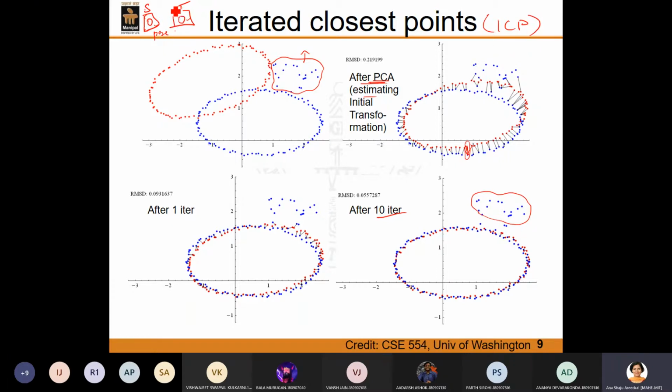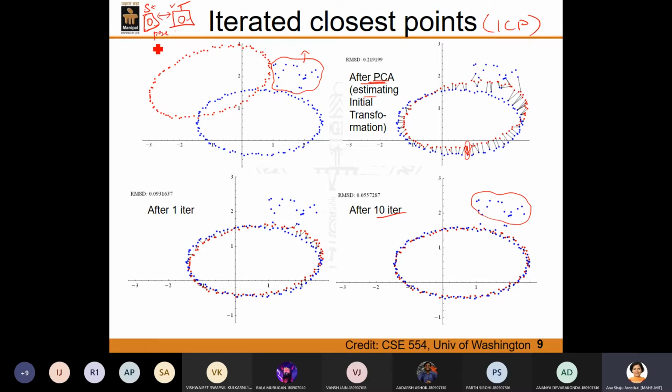That means we are assuming the target image is a scaled, rotated, and translated version of the source image. Under that assumption, we try to find the transformation between these two images.